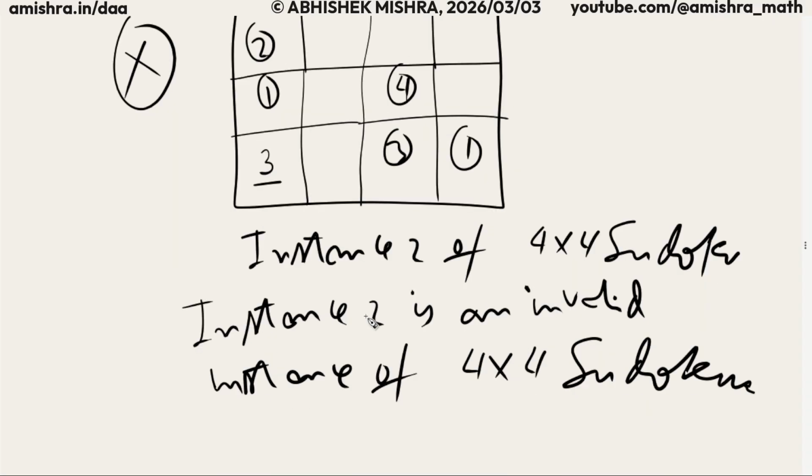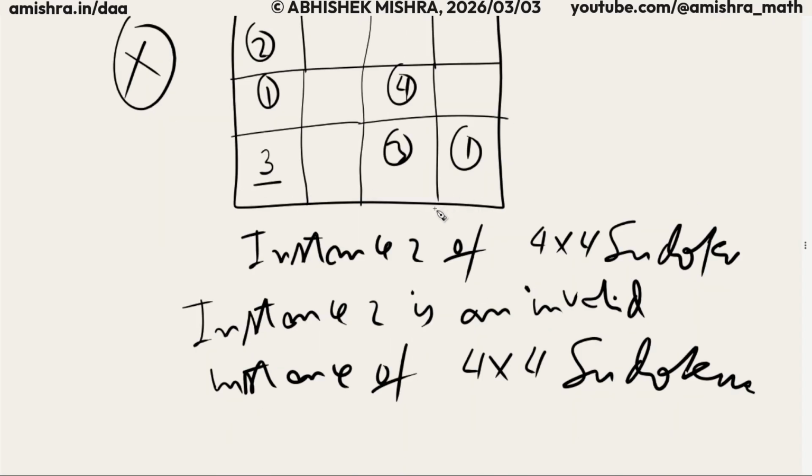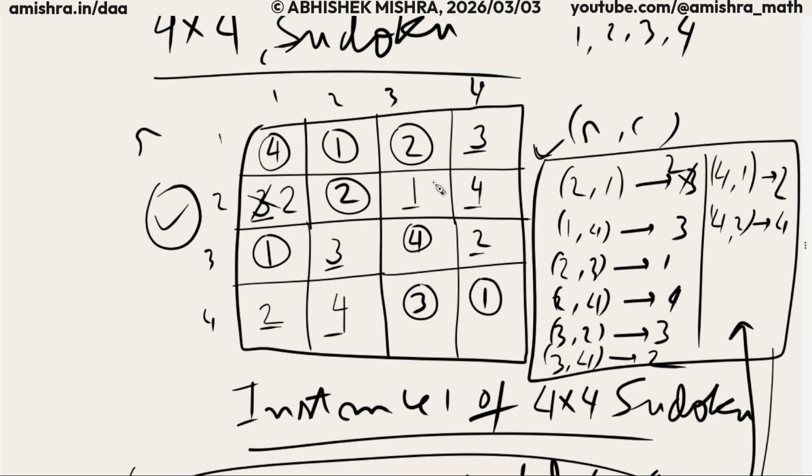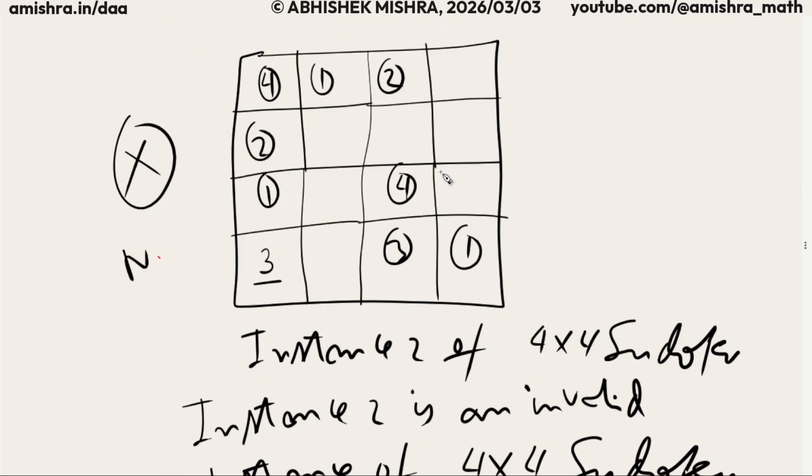Why invalid? Because given any solution we can easily verify that it is incorrect. So solution does not exist, certificate does not exist. And the valid instance we also call a yes instance, and the invalid instance we also call a no instance.